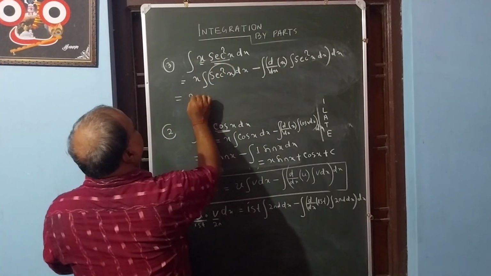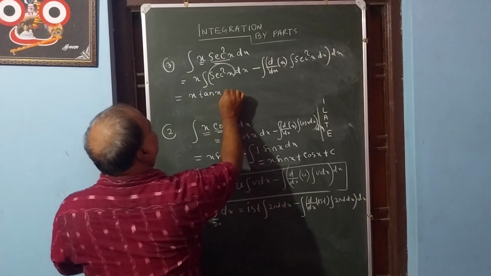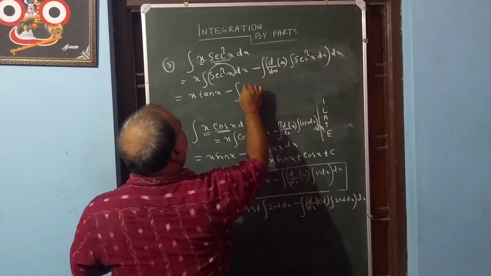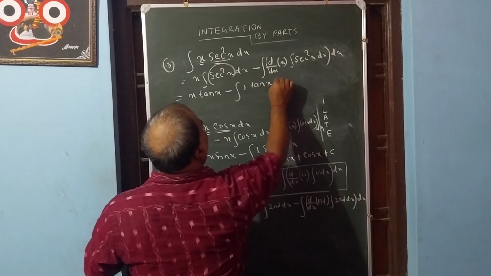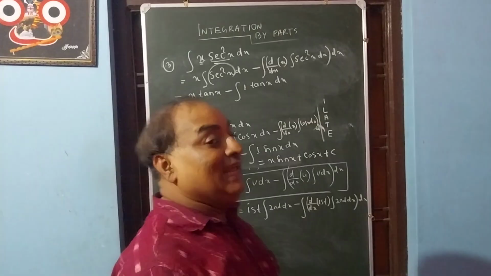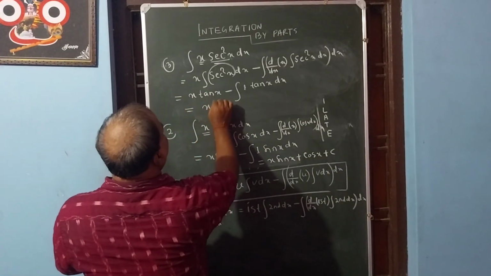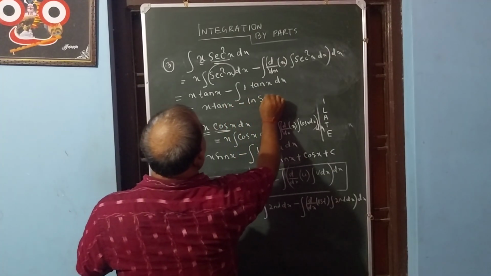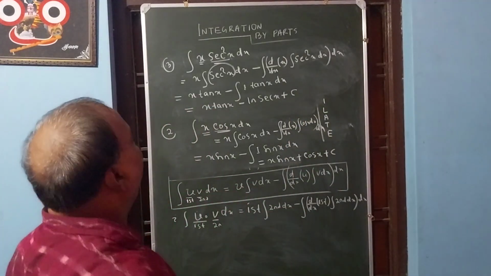So write down: x tan x minus derivative of x, that is 1, integration of tan x dx. We know that the integration of tan x is ln sec x. So the answer is x tan x minus ln sec x plus c. Okay, so this is the answer.